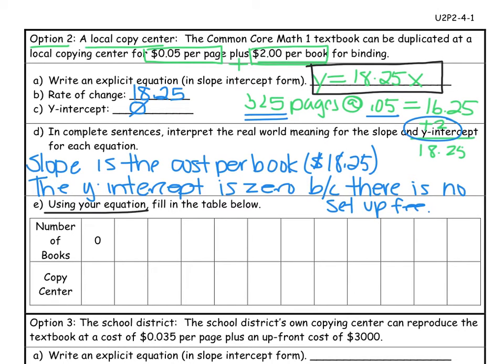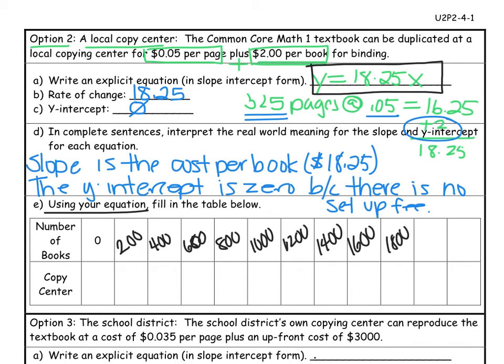So again, we're going to do our books by 200s, because the school does need to order a lot of books. And again, the X is the number of books and Y is the cost. So if we don't have any books at all, it's not going to cost us any money.